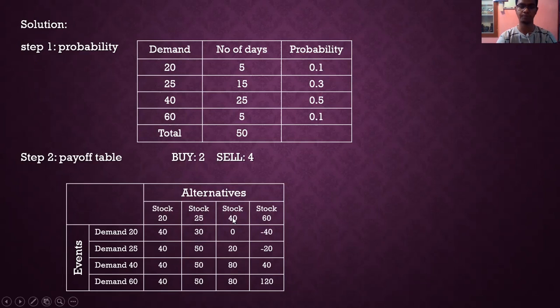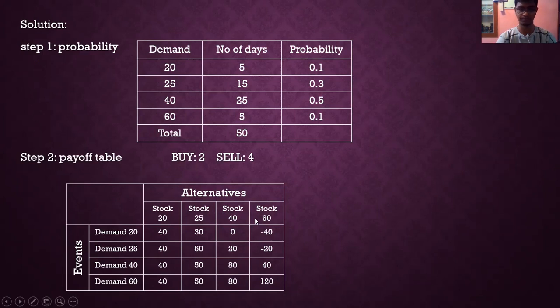Next is 40. We can meet only 40 because we have only 40 stock left with us. The additional demand will be ignored. So 40 into 2 will give us 80. We have written 80 over here. Next is stock 60 and the demand is also 60.